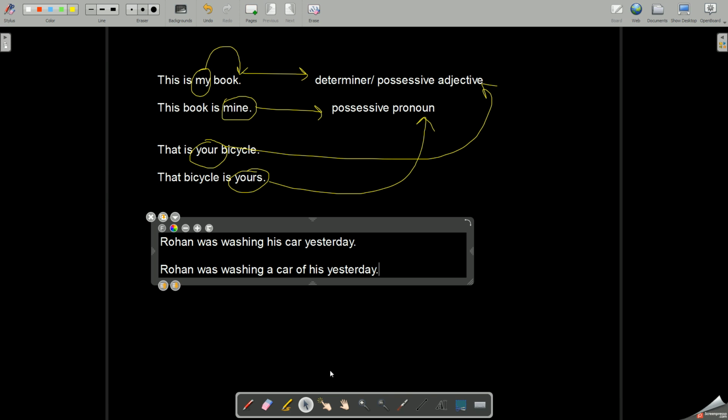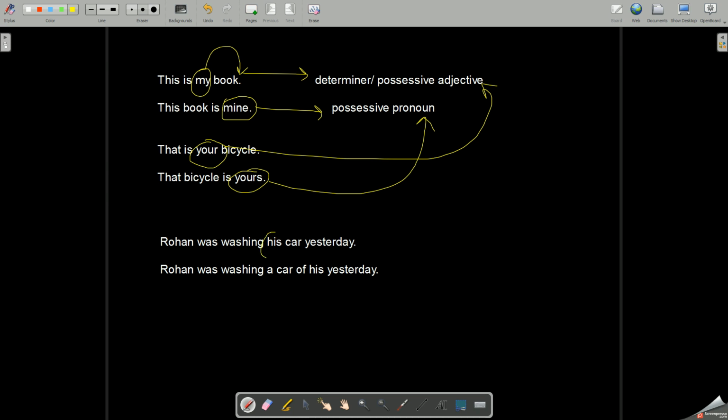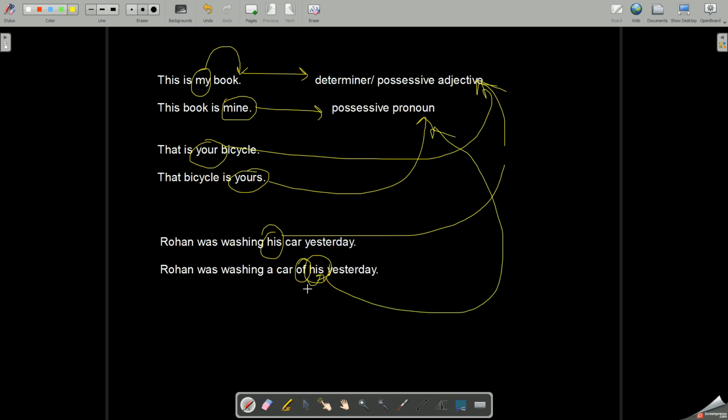So we say over here, we write washing his car, this is your possessive adjective or determiner, whereas a car of his, so this of his becomes what? Here his becomes a possessive pronoun. We will not say Rohan was washing a car of him, no, because him is actually the accusative case.